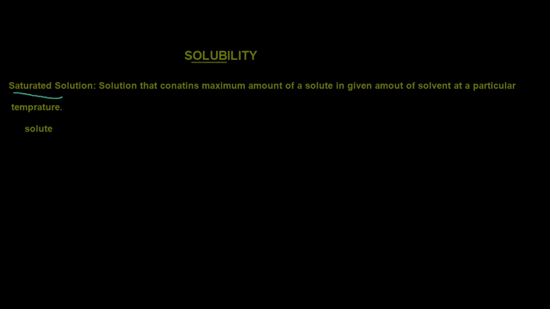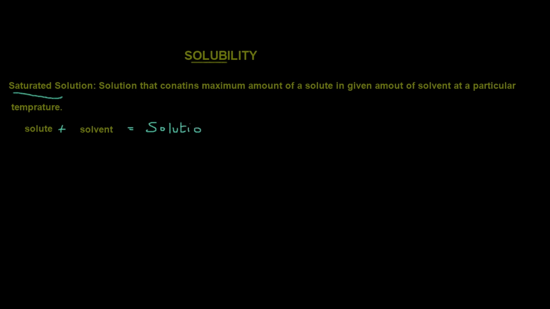Now if we have a small amount of solute and we add it into a greater amount of solvent, when these two are mixed together, they will mix to form a solution. So these are basically the two components of a solution.